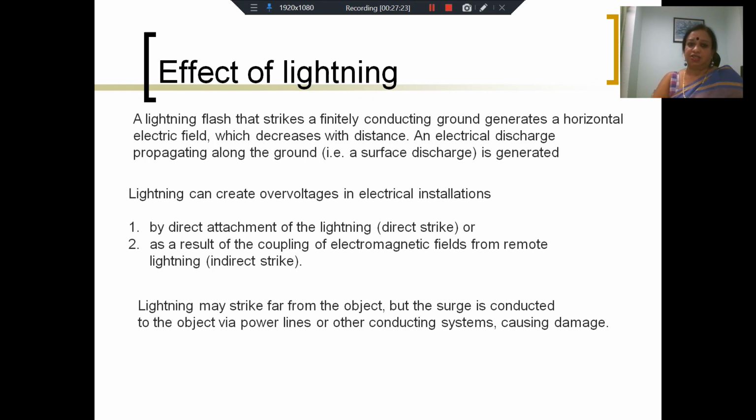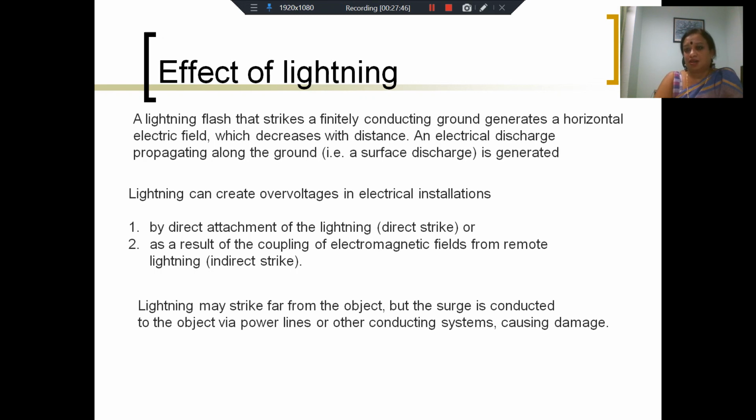As for electrical installations, lightning can create overvoltages in electrical installations, either by direct attachment of lightning, which is a direct strike, or as a result of the coupling of the electromagnetic field with the electrical device from a remote lightning, which is your indirect strike. So very similar to what we have just discussed in terms of non-electrical devices.